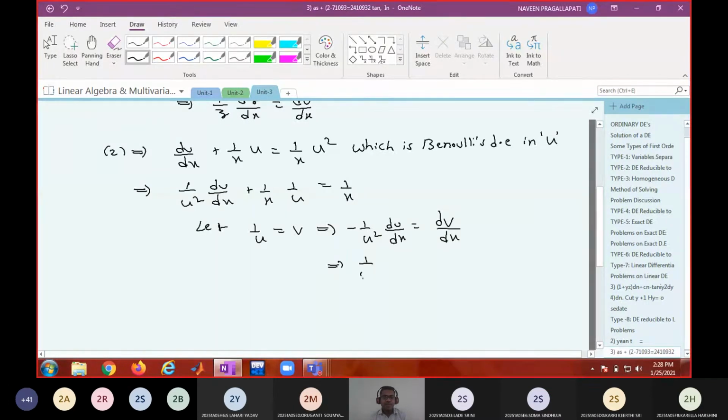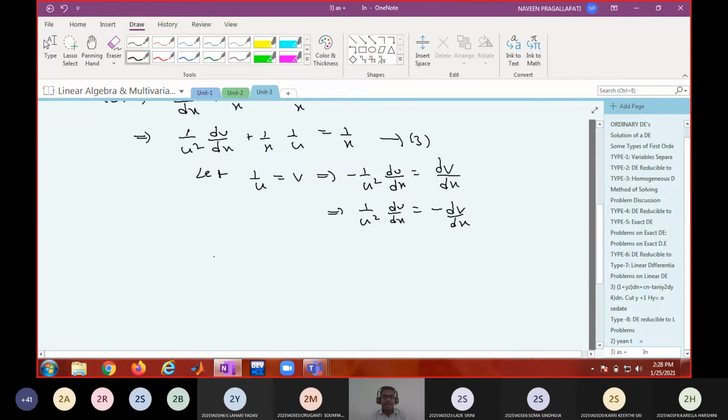Therefore, 1 by u square du by dx equals minus dv by dx. Call this equation 3. Equation 3 becomes minus dv by dx plus 1 by x into v equals 1 by x.